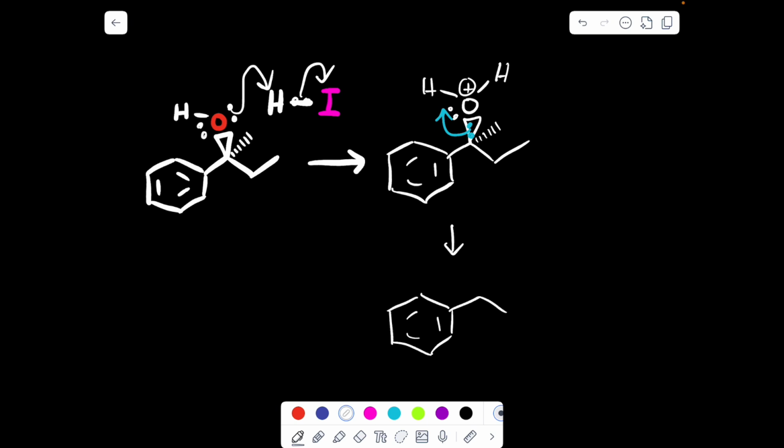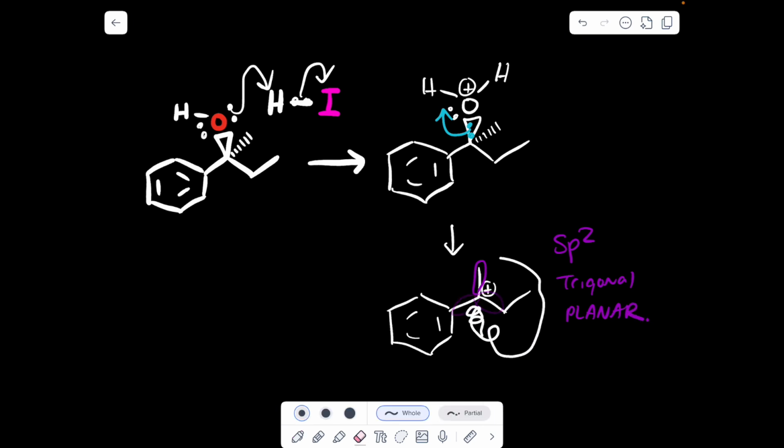Well, then we get a tertiary carbocation. And this carbocation is going to be trigonal planar. Its hybridization is sp2, trigonal planar. Therefore, our nucleophile, which is going to be our halogen, that gained that negative charge in the first step, can attack from the top or the bottom. Therefore, we're going to get a racemic mix.